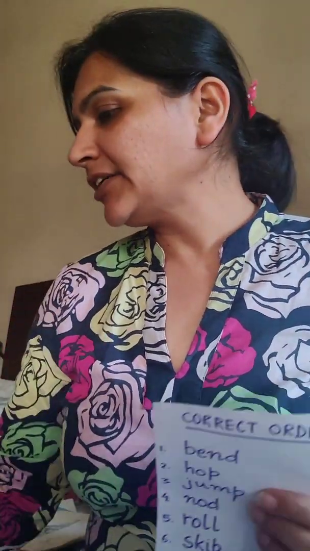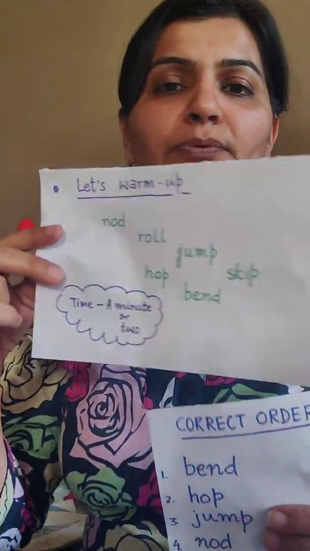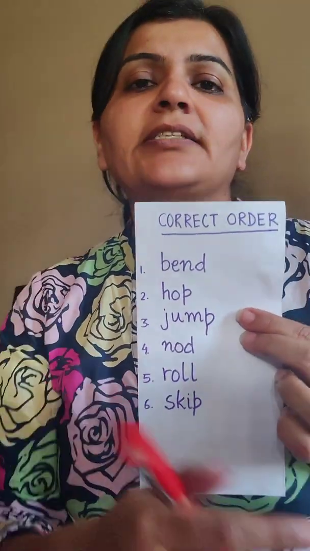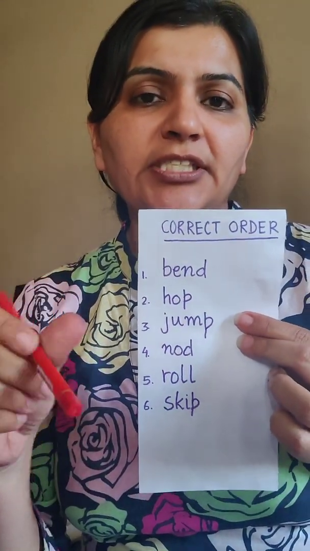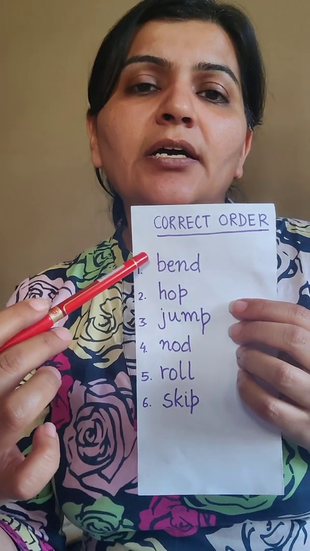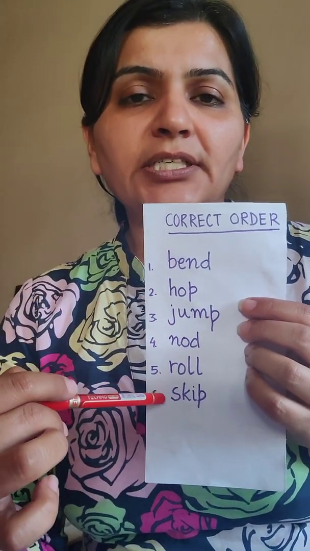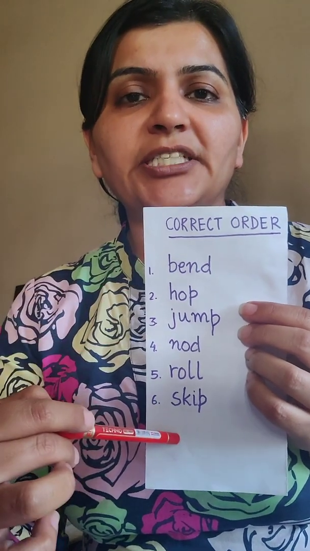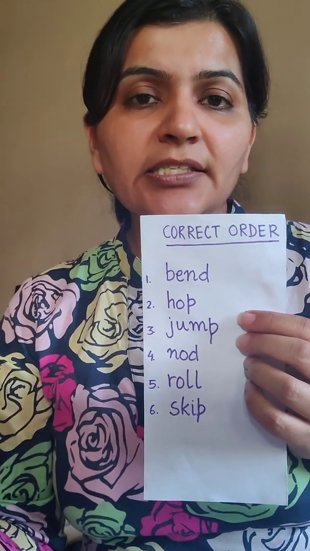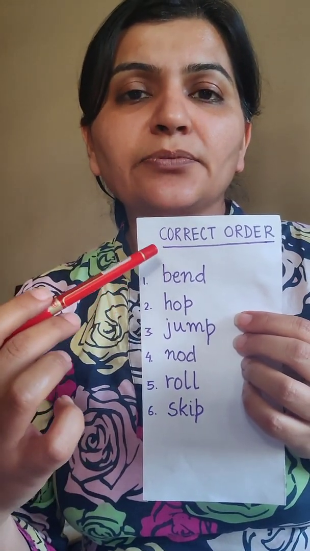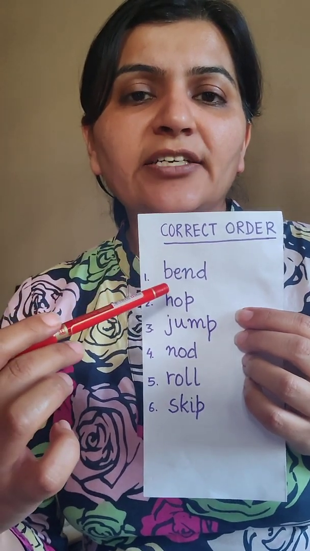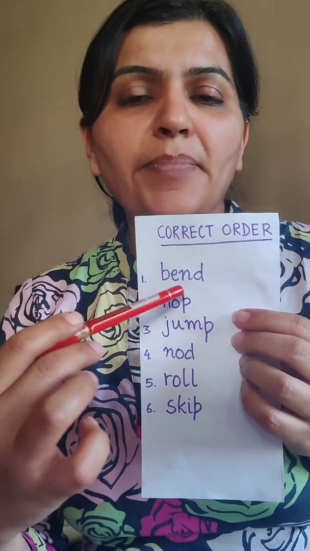So, how did we arrange all these words alphabetically? We read all the words first, and then according to the first letter of the words, we arranged them in alphabetical order. In the list, there was no word which started with A, but we had a word with B, bend.